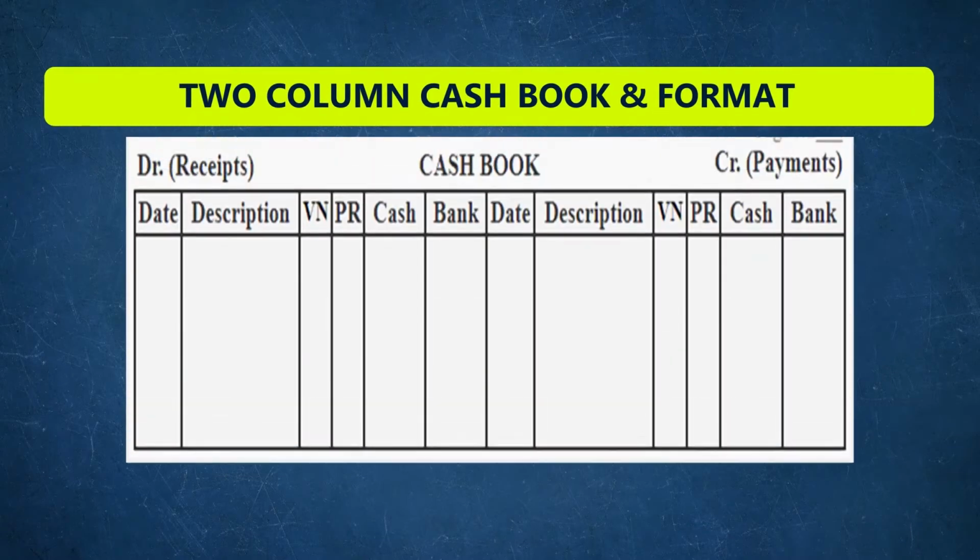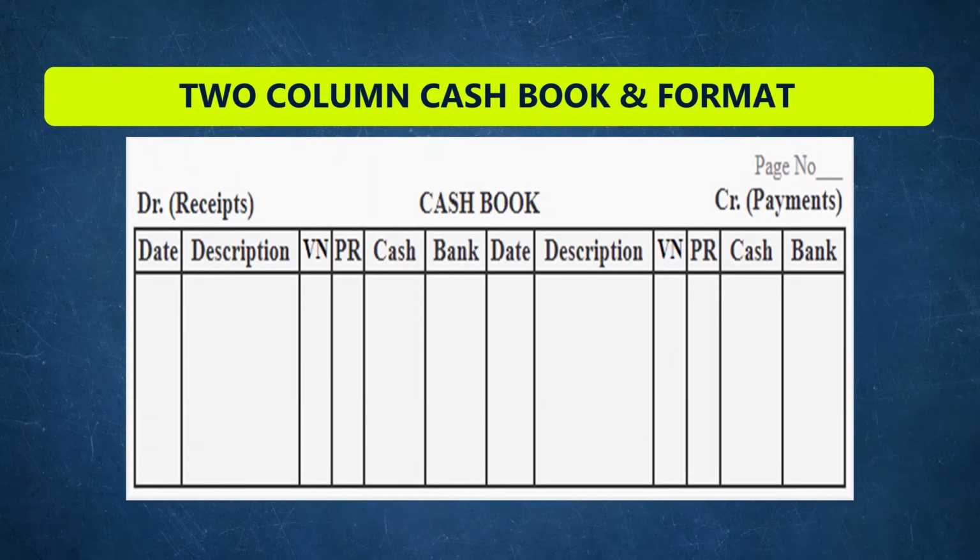Now, 2-column cash book. Friends, in the 2-column cash book, one column in the debit side and one column in the credit side is added on account of bank.